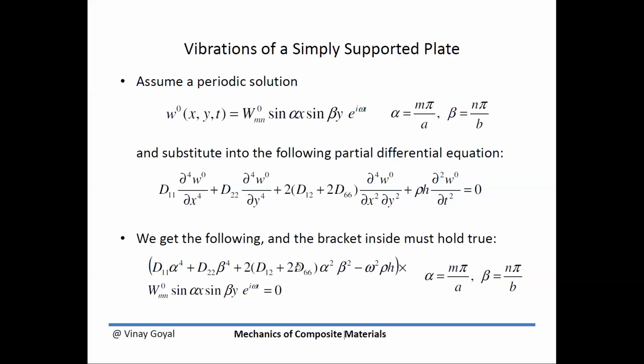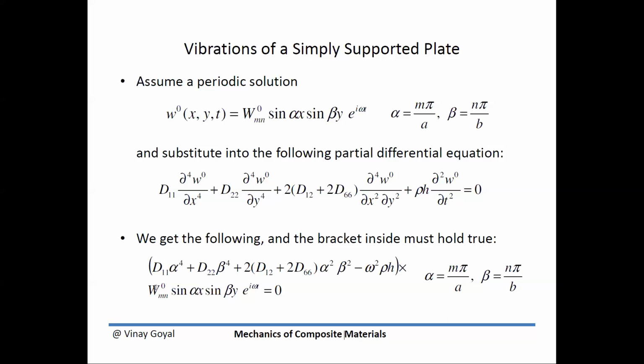So then we have this equation times this coefficient, and we notice that what's inside the bracket must be true and must be equal to 0. So that's one potential solution. Another potential solution is that w is 0, but that just corresponds to a plate that's flat and doing nothing.